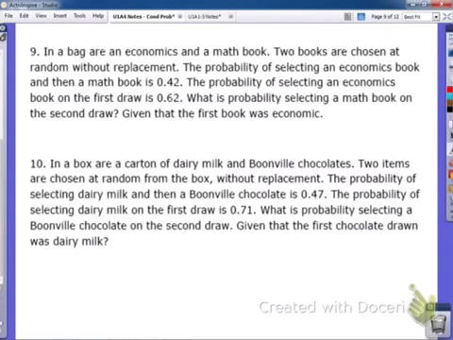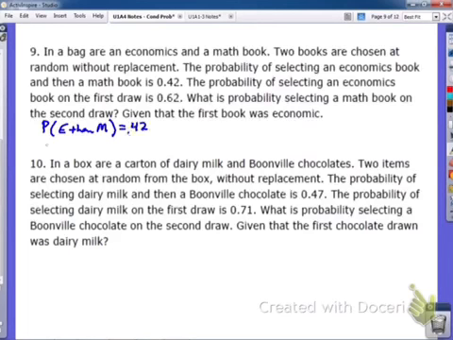In a bag are an economics and a math book. Two books are chosen at random without replacement. The probability of selecting an economics book and then a math book is 0.42.